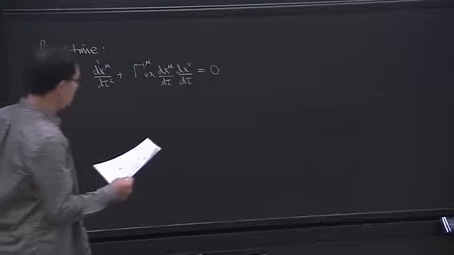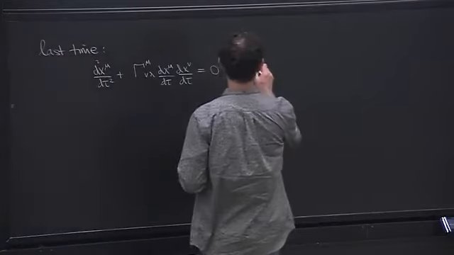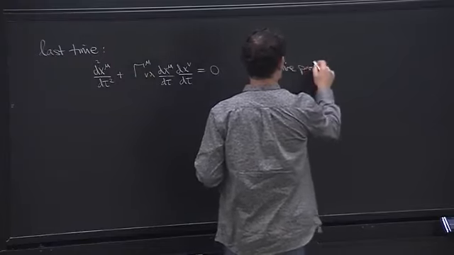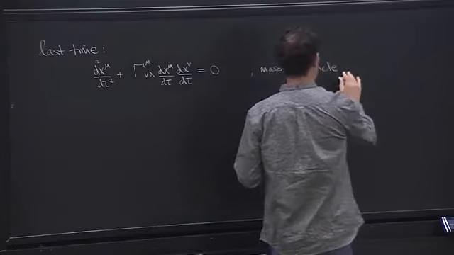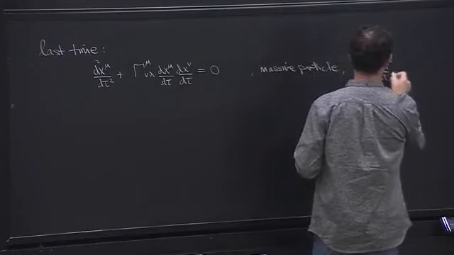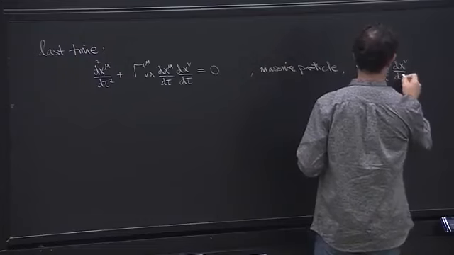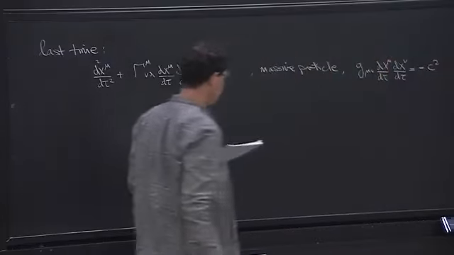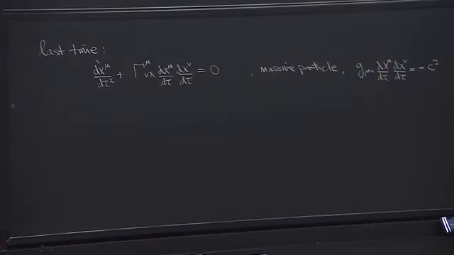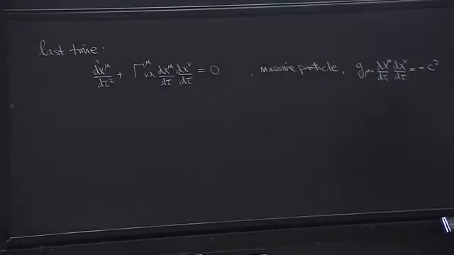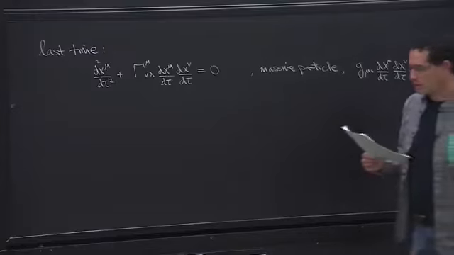So let's think about a massive particle, for which g mu nu dx mu d tau dx nu d tau is minus c squared. So this is following a time-like trajectory, and this is the definition of d tau. d tau is the proper time.